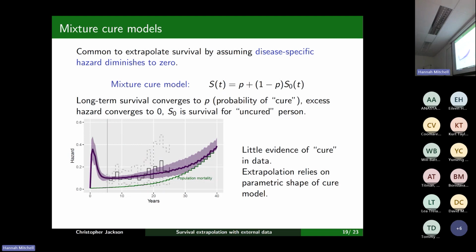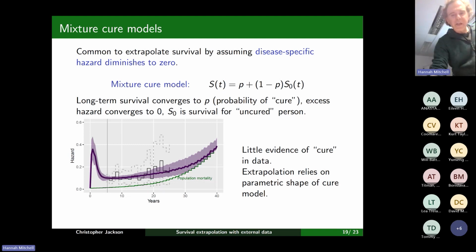So I wouldn't say this extrapolation is really based on the data. It's based very strongly on this abstract assumption that there's probably going to be a cure at some point, but we don't know when that is. We're just going to use this conventional parametric shape. So you can do that in the package, but I think it's not always going to be sensible.